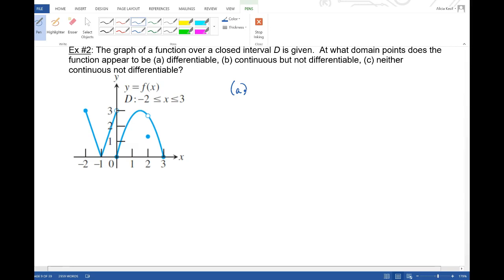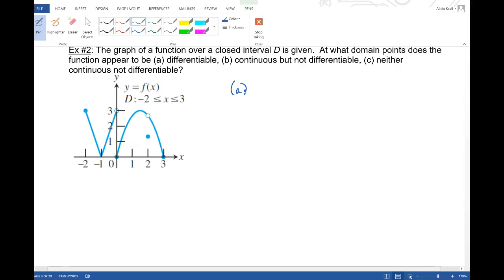Not continuous at x equals 0, so we know it's not differentiable here. It's not differentiable here either. There are 3 places where it's not differentiable: x equals 2, x equals 0, x equals negative 1. Negative 1, 0, and 2.